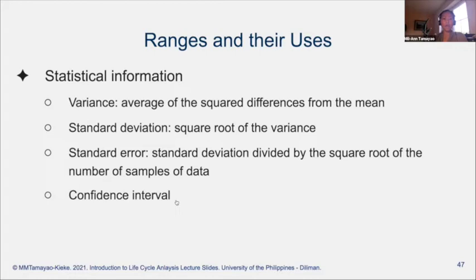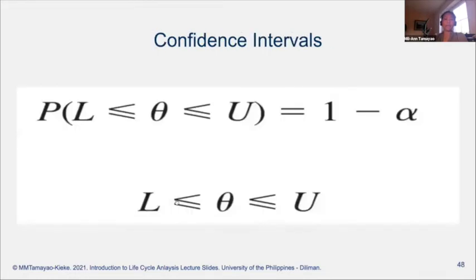Now, how about the confidence interval? So here is the definition of confidence. For example, you have a 95% confidence interval. That is your 1 minus alpha. Alpha is the significance level. So say, for example, the significance level of your experiment is 5%.